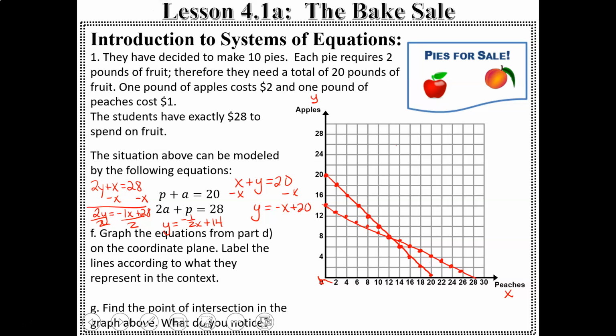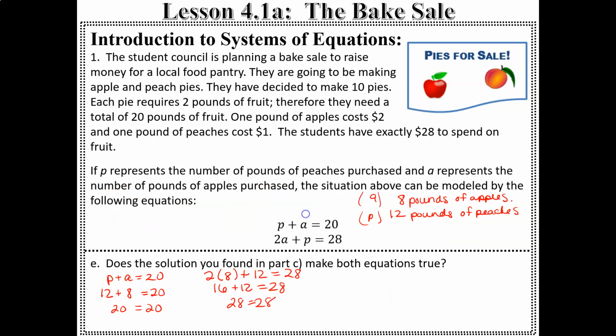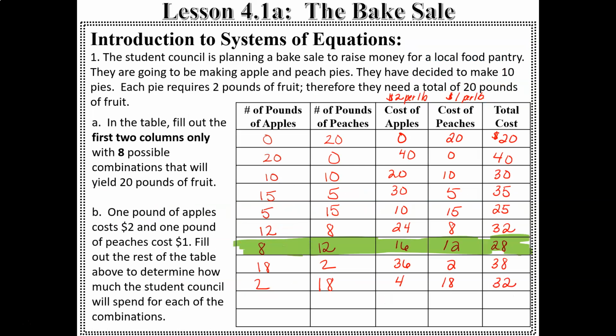And look at this. Find the point of intersection on the graph. Where do they intersect? Right here. So the point is 12, 8. Where have you seen those numbers before? It's the same as the solution that we highlighted here.